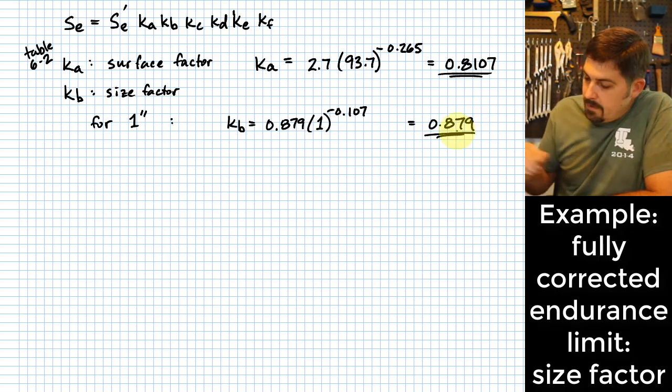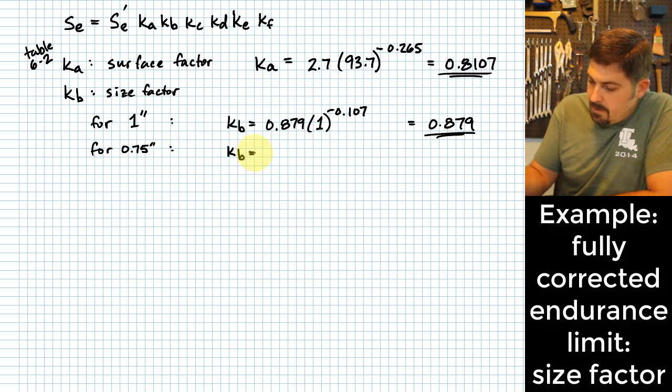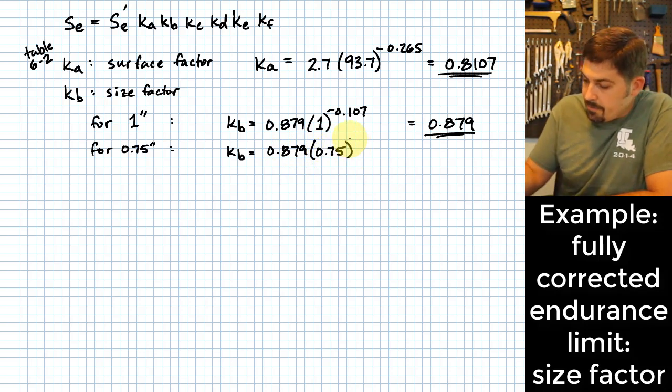Okay, now for the 3/4 inch shaft, it's basically the same thing. Kb is going to be equal to 0.879. The only thing we change is in here. We put in 0.75, and that gets raised to the negative 0.107.